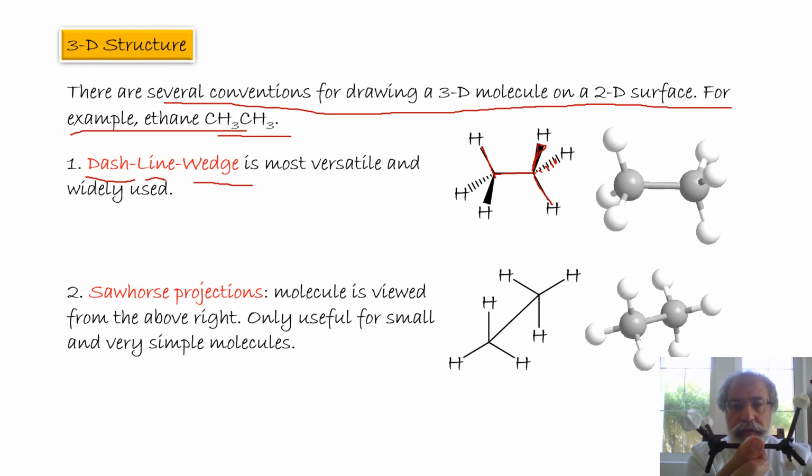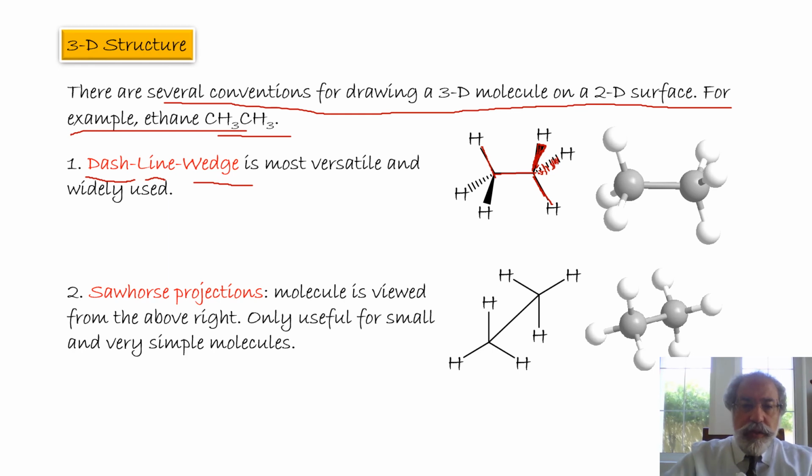So you draw the one in front this way, the one in the back with dashes, the one in the plane with a solid line.